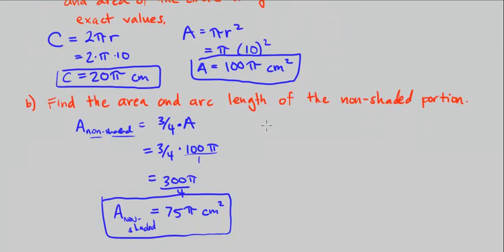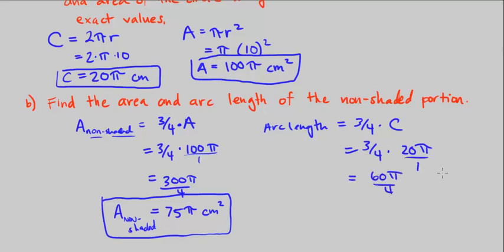So the arc length of the non-shaded portion is just 3/4 times our circumference that we have here. So that's 3/4 times 20 pi centimeters. That's just 60 pi over 4, because remember that's over 1. So 3 times 20 is 60.